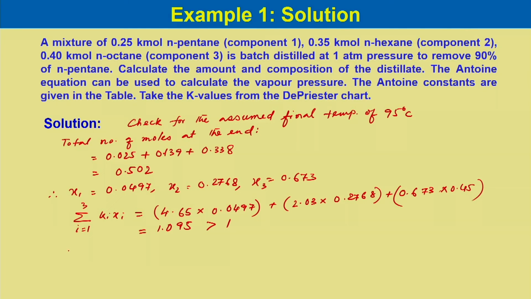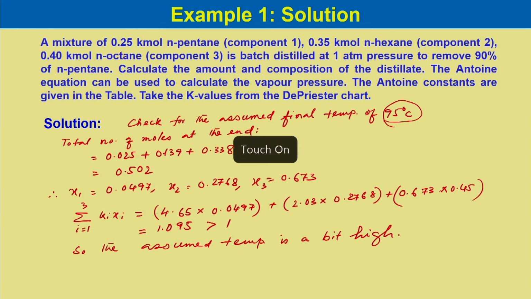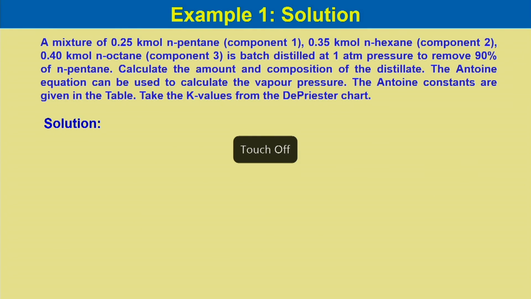So, the assumed temperature is a bit high. So, we need to consider a little lower temperature than 95 degree centigrade. So, let us calculate the revised K values.